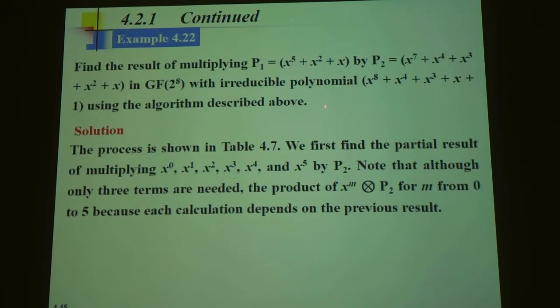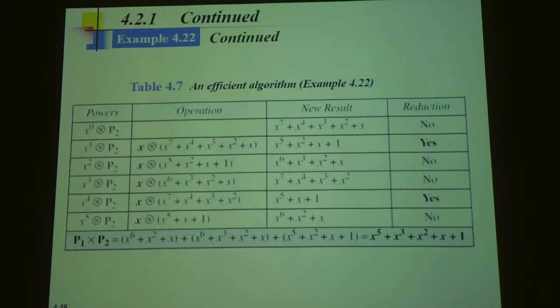Then, usually I need to multiply it with one of the x's: x to the power 0, 1, 2, 3, 4, 5, up to 7. So x to the power 0 equals 1, and it will equal polynomial 2. Now I need to multiply it with x. I move this in here, multiply it with x, and that gives me x to the power 1 with polynomial 2.